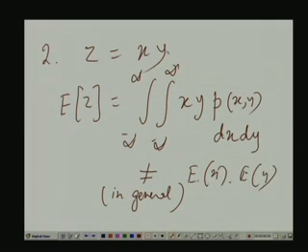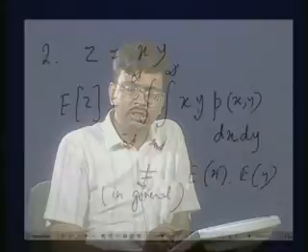If it is x plus y, okay, Ez is Ex plus Ey. But if it is x into y, Ez does not mean this is equal to E of x times E of y in general. But what if x and y, they are statistically independent?